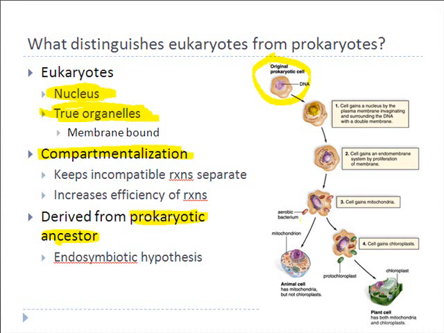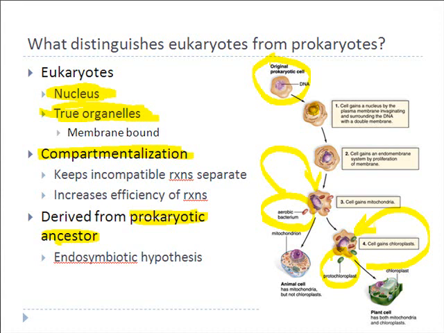Then it picked up another bacterial cell from the environment, and that bacterial cell probably had the ability to metabolize oxygen to make energy. Once that cell was taken into the larger cell, rather than being digested, it persisted inside the cell and became what we call mitochondria. It's possible too that another type of prokaryotic cell that could photosynthesize was later taken into some of these cells and became what is known as chloroplasts.